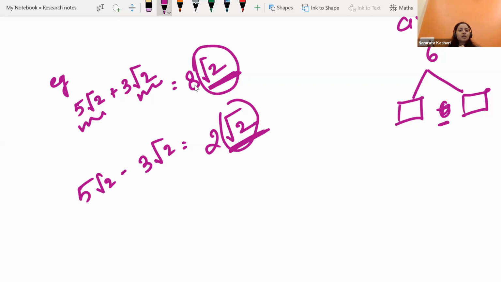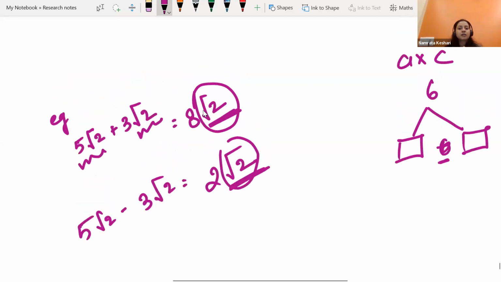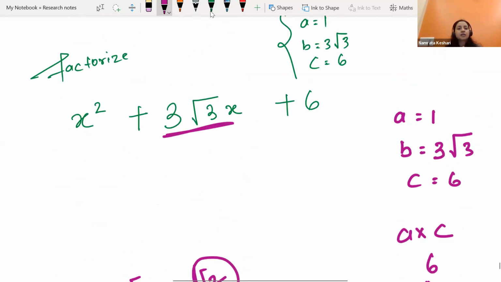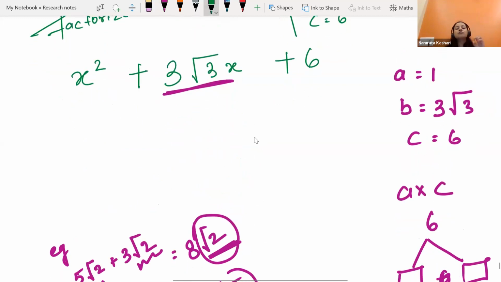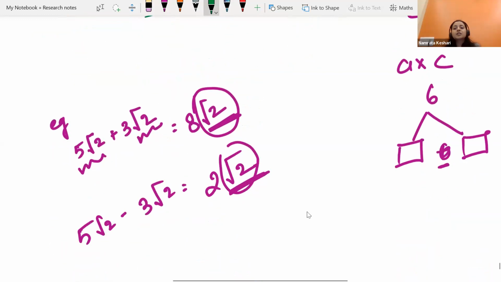Okay. 2 root 3 plus 3 root 3. Yes. So from here we are realizing that we must add or subtract two such numbers, maybe addition, maybe subtraction, but both must have root 3 along with them, then only the result will be 3 root 3. Yes or no? Are you getting it? Yes, ma'am. Okay, that means while doing the factorization we have to be specific.